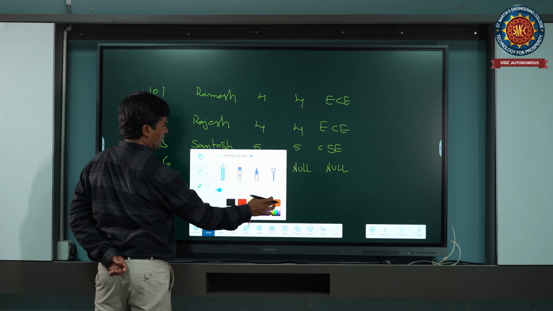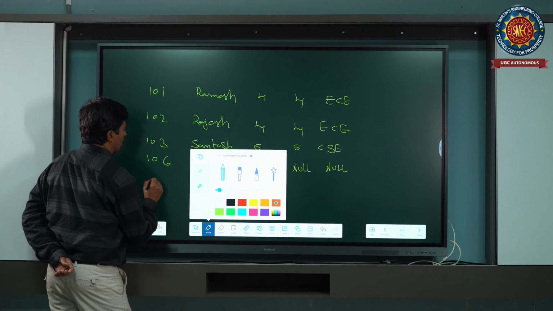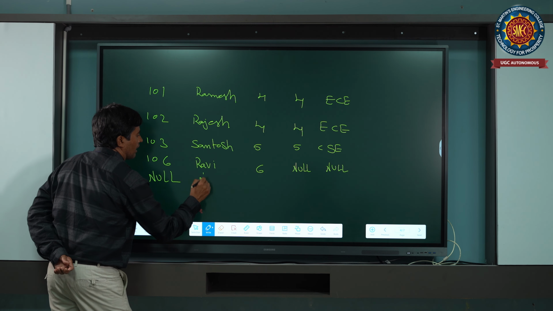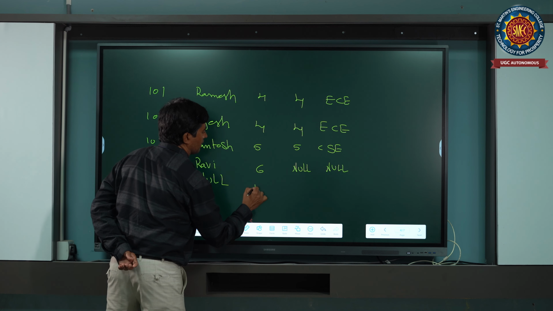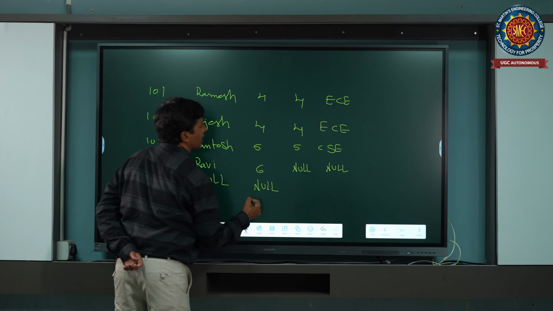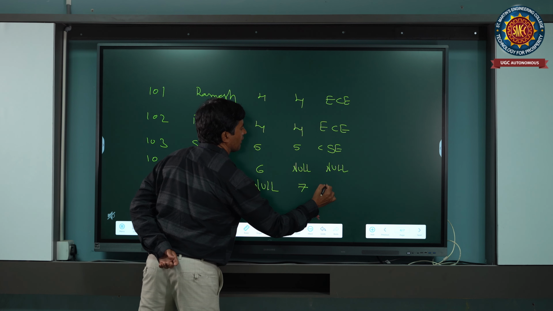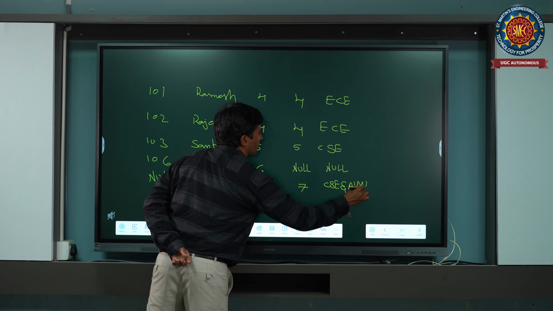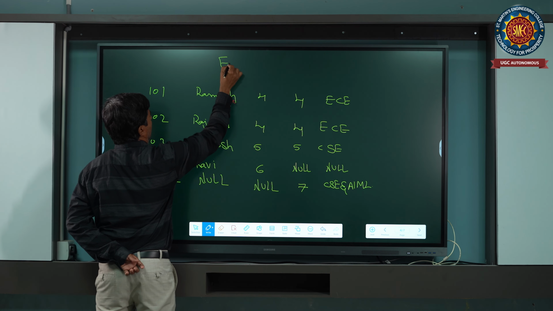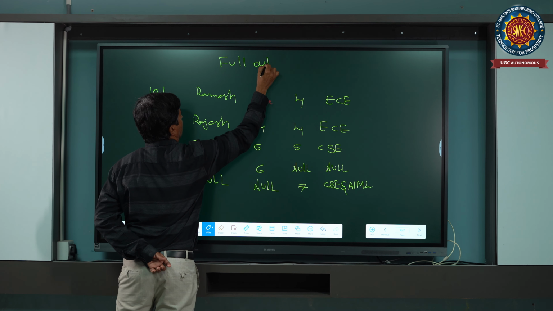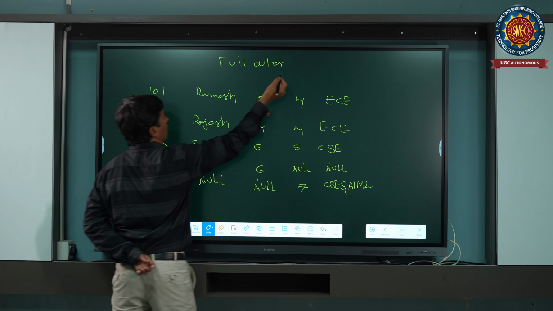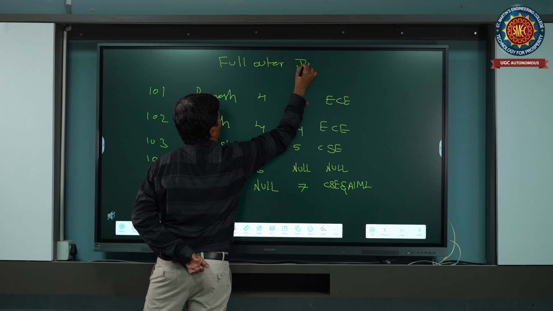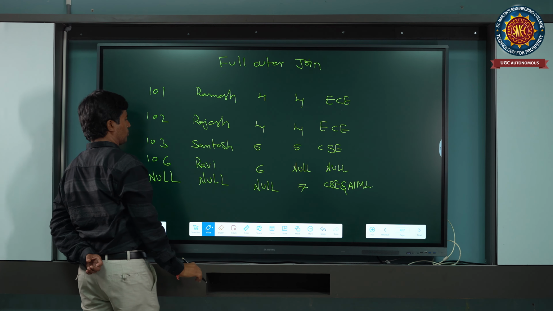There the employee ID is null, and you can specify department number 7, CSE AML branch. Like that, the full outer join works without missing any data from either table. It selects all the records from both tables. We use full outer joins for this.